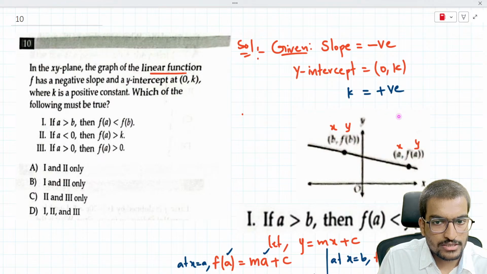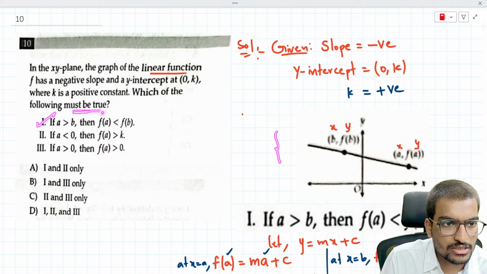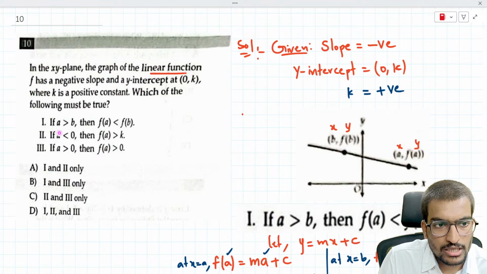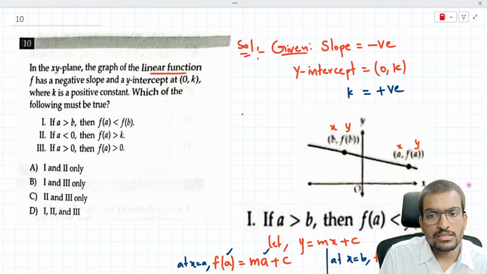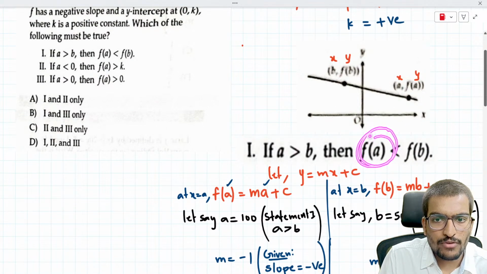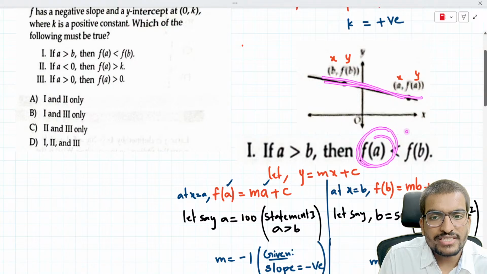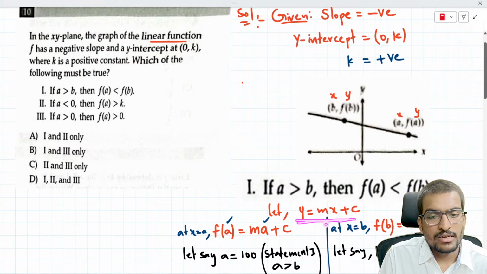Hope you understood. Now come to statement 1. We just need to see which statements are true. If a is greater than b, then f of a is less than f of b. What is f of a? It is a line equation, which is y equals mx plus c.